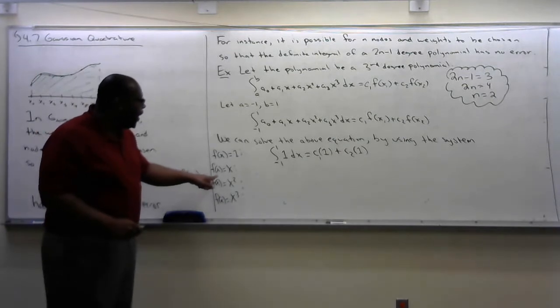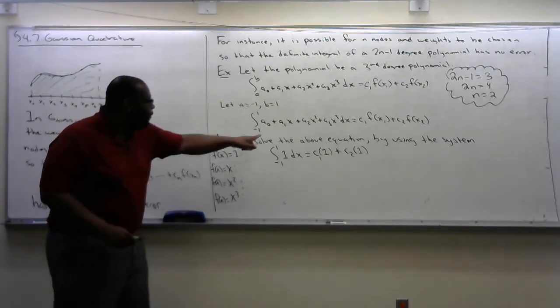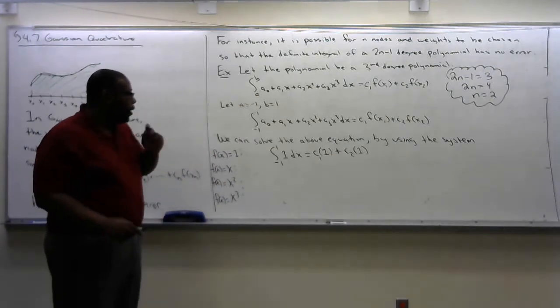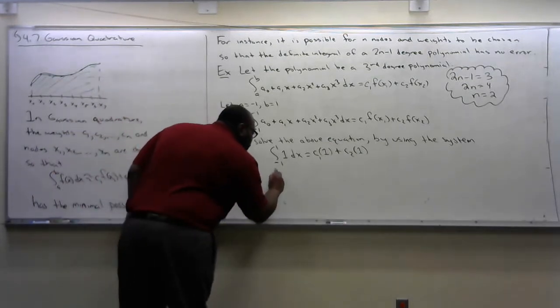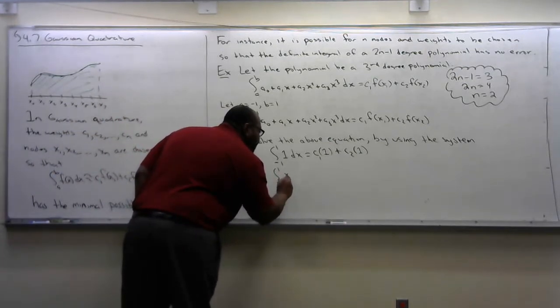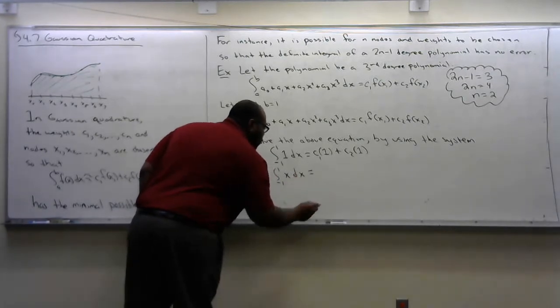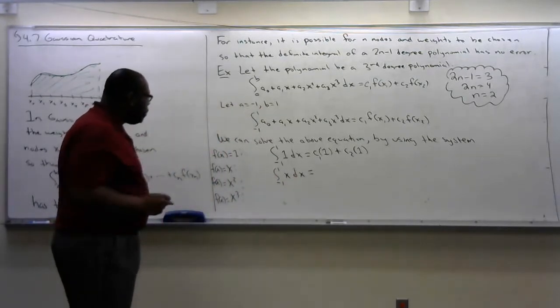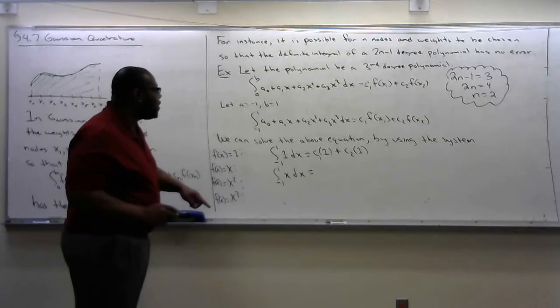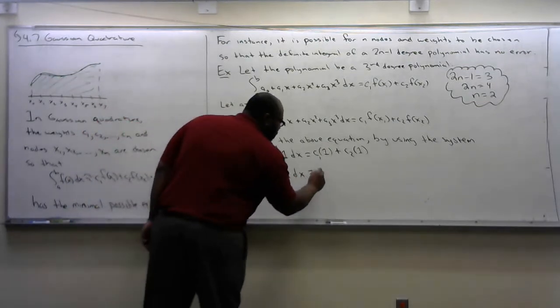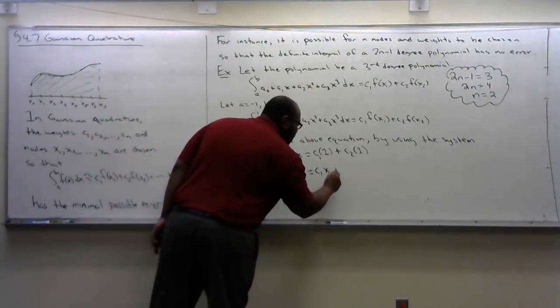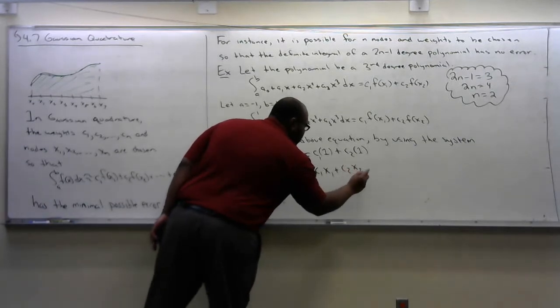If my function is x, a 1st degree polynomial, then the integral from -1 to 1 of x dx has to be equal to c1 x1 plus c2 x2.